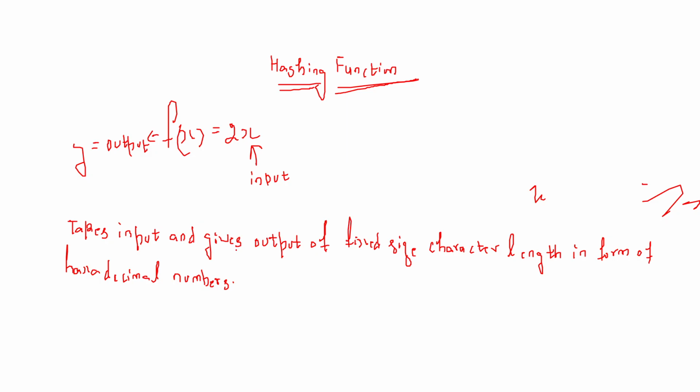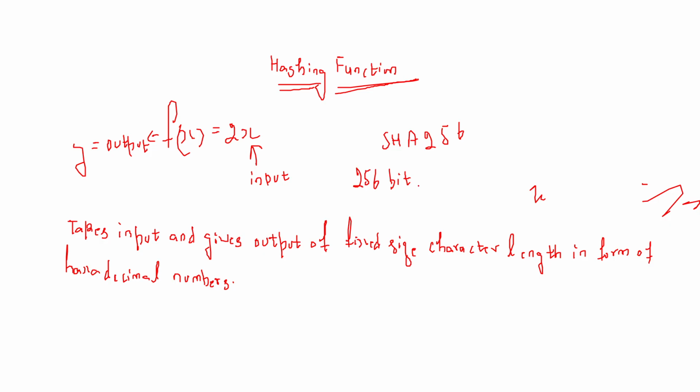A hashing function, like any other mathematical function, takes the input and gives an output which is of fixed length. So what is the meaning of fixed length output? We have different types of hashing algorithms. One such hashing algorithm is the SHA 256 hashing function. It takes the input and gives the output, which in terms of binary is 256 bit fixed length.